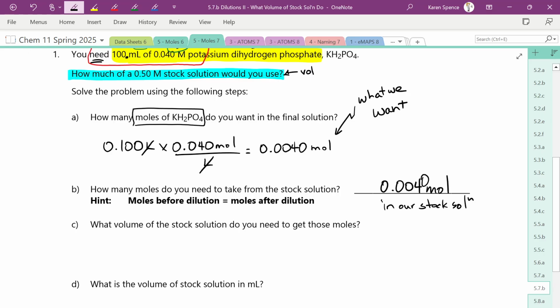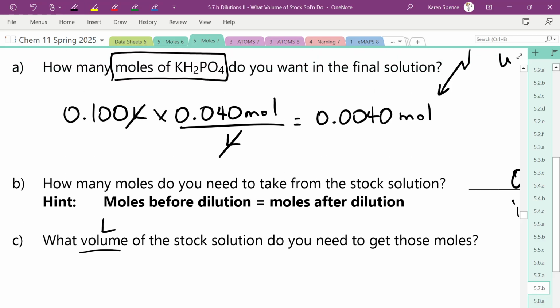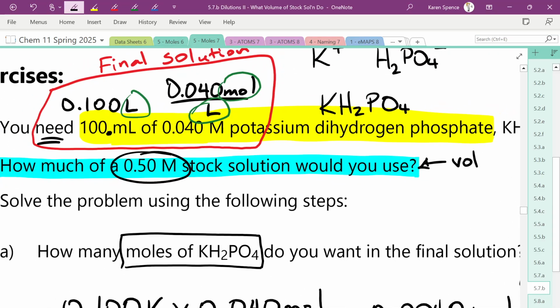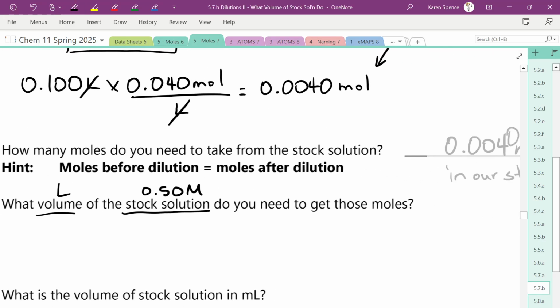So now we want the volume, which would be in, what's our unit there? Liters. Our stock solution, let's go back to the question. It says our stock solution is 0.50 molar. So we could rewrite that as 0.50 moles per liter.